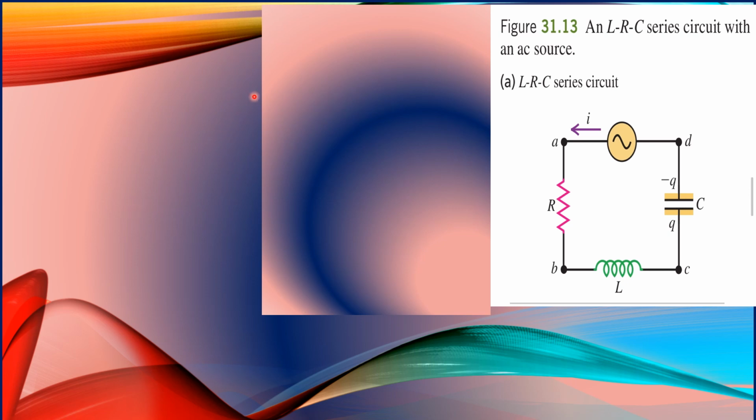As shown in the figure, a resistor, an inductor, and a capacitor are connected in series to an AC source.